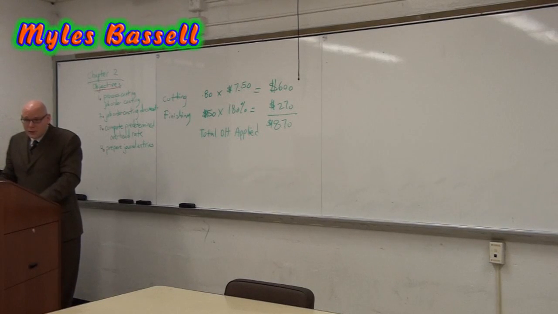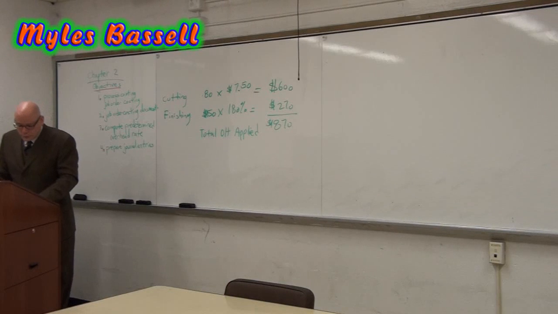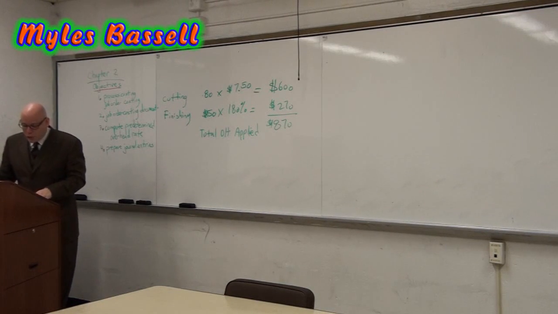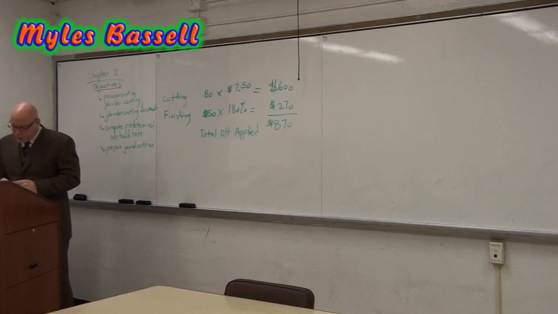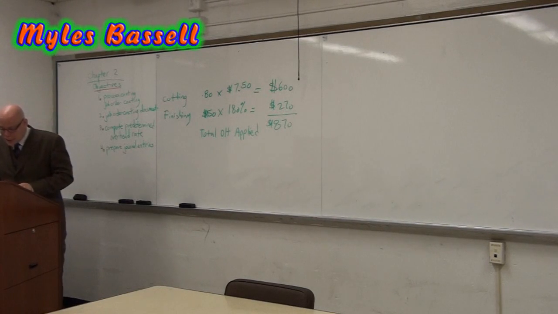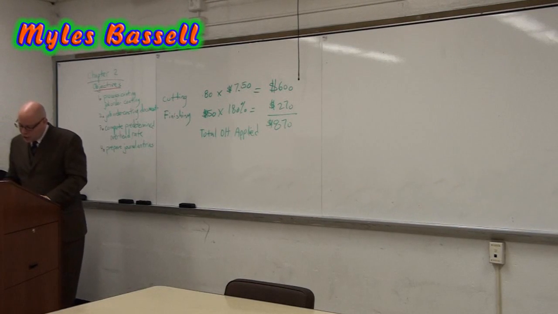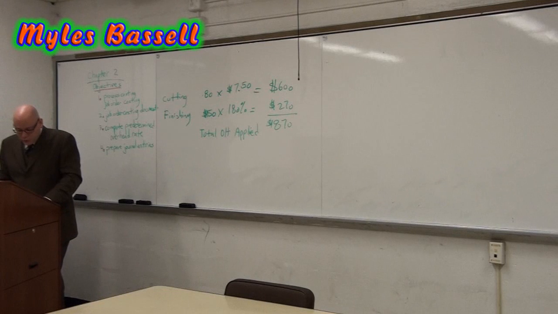What do you think? Labor, right? So it's work in process, 90,000. We debit work in process 90,000, and then we debit manufacturing overhead 110,000, which gives us how much? 200,000.